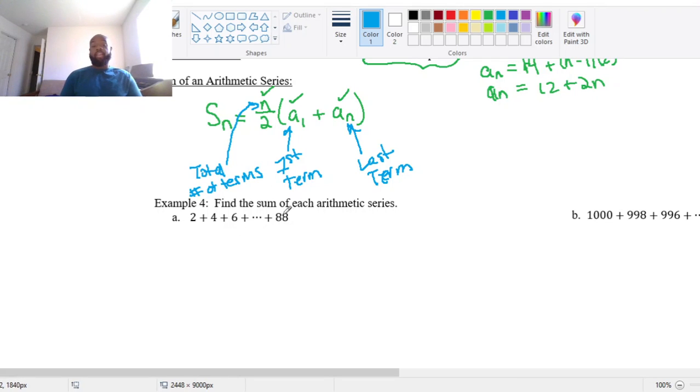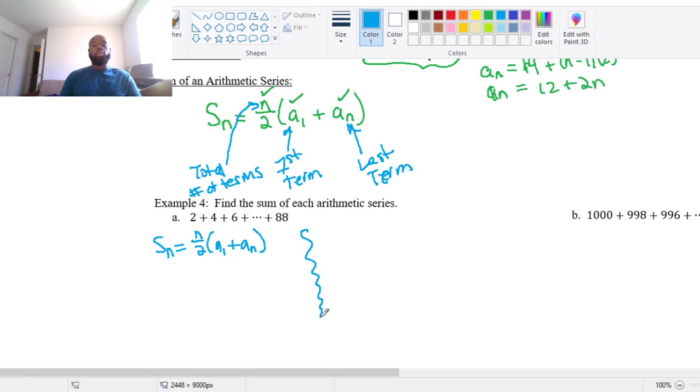And so if you can look at this and find out how many terms you have here, then you're able to just directly substitute it into this formula, right? All we have to do is do S sub n equals n over 2, a1 plus a sub n. Well, most of the time we have a lot of numbers and we don't know the number of terms, right?